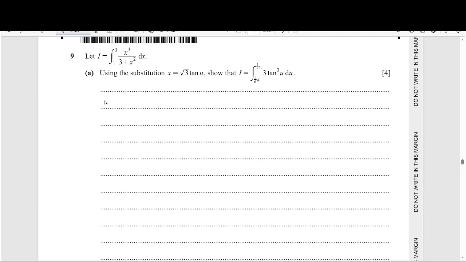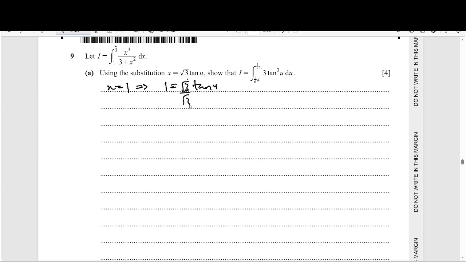the limits, right? Since x has been replaced by 3 times u, then you find what happens. Remember, this limit I defined for x. And now that we are trying to change everything to u, we need to redefine the limit for u. So when x is 1, what happens to u? And when x is 3, what happens to u? So when x is 1, it implies that 1 is equal to root 3 times u, right?